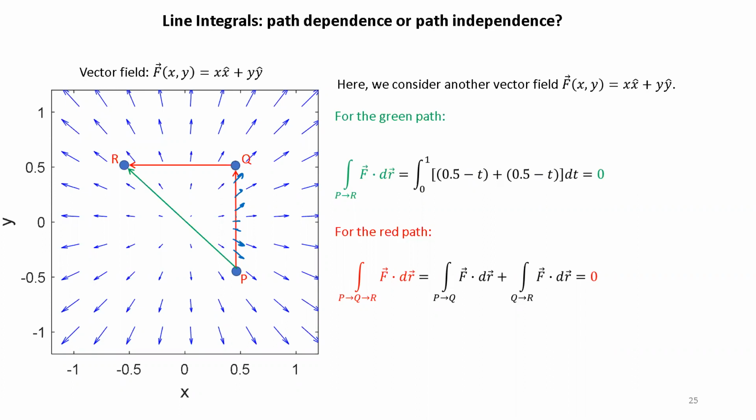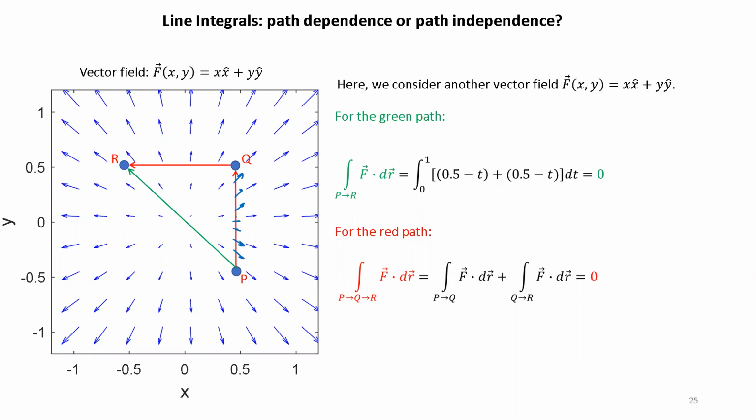If I want to say that the line integral from P to R is path independent, in principle I have to try all the possibilities, if I know nothing. But of course you will understand that that's not the practical way to do it.